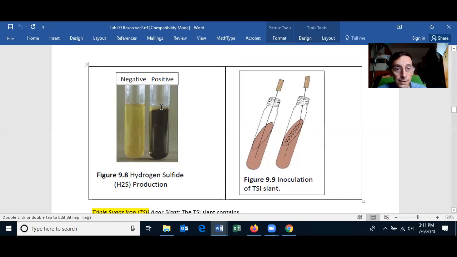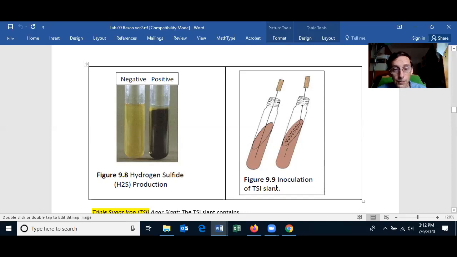That's because hydrogen sulfide isn't being produced here. There's too much oxygen. But you see the entire bottom of the tube has hydrogen sulfide, and it turns the tube black. For the TSI tube, it's very similar to this. You stab the tube, and the hydrogen sulfide production will happen in the bottom of the tube.